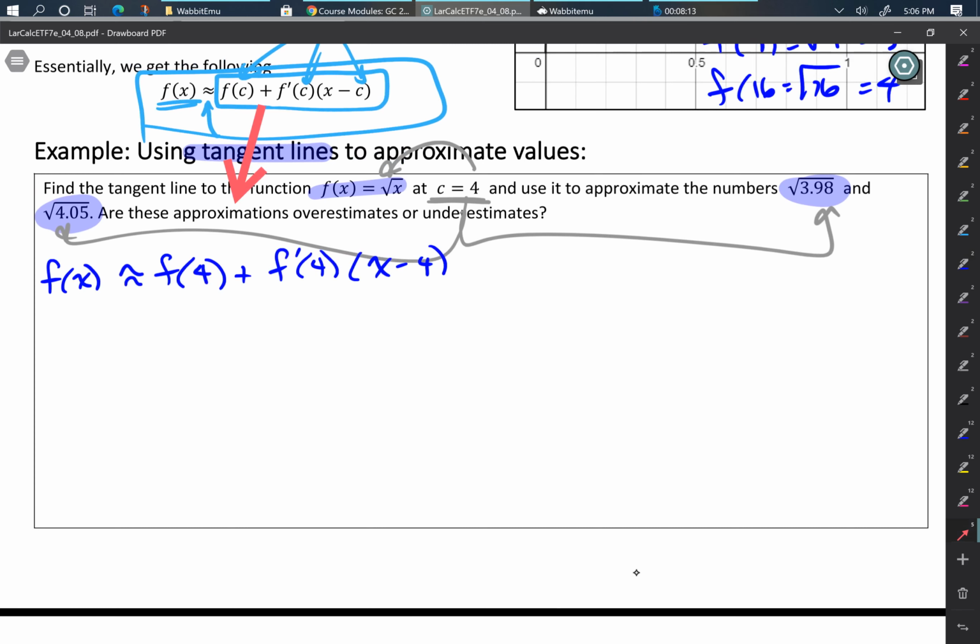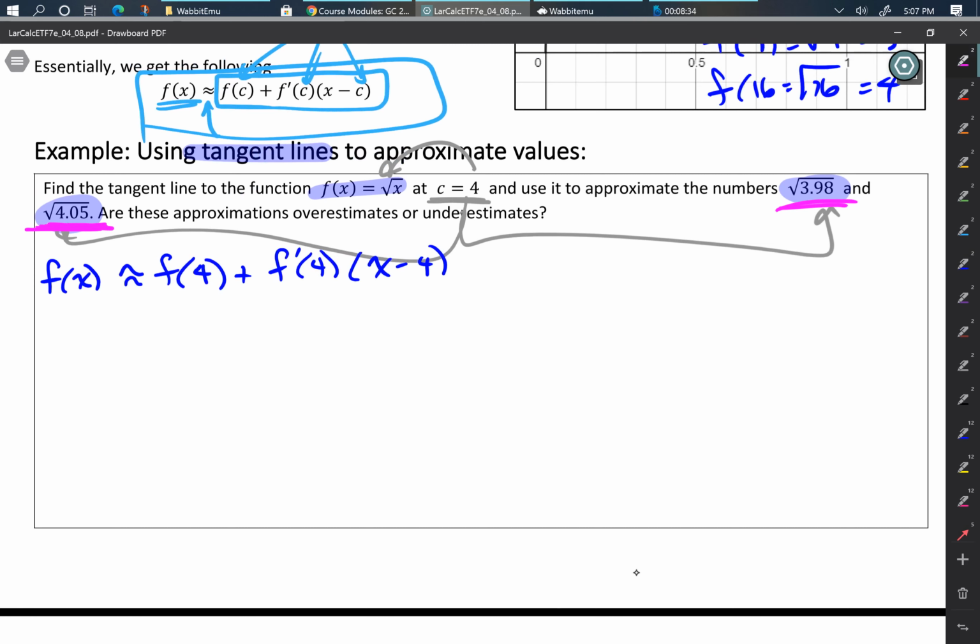Okay, so let's review really quickly. I've got a function, the square root function. It does not play well with most numbers. In fact, I don't know how to find the square root of 3.98 by hand. I don't know how to find the square root of 4.05 by hand.